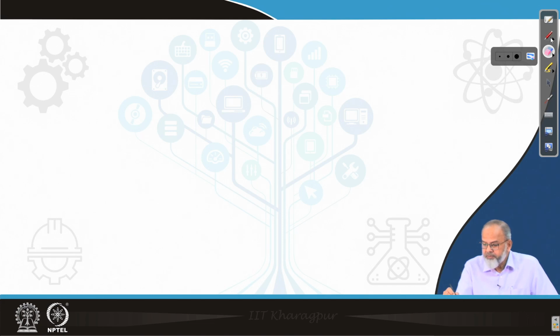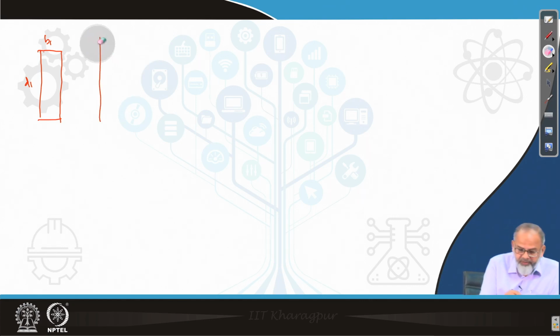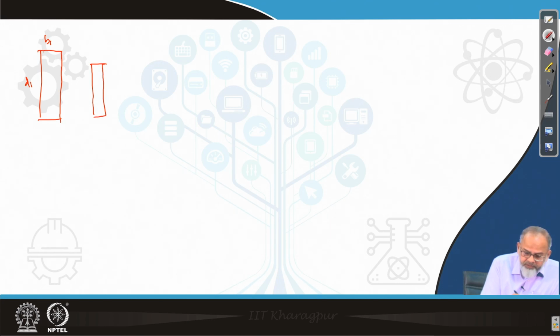Okay. So again we'll try to draw a single tire. This is having width B1, diameter D1, and the duals will have some, I'll take some smaller ones. So this is D2, B2, B2, D2.